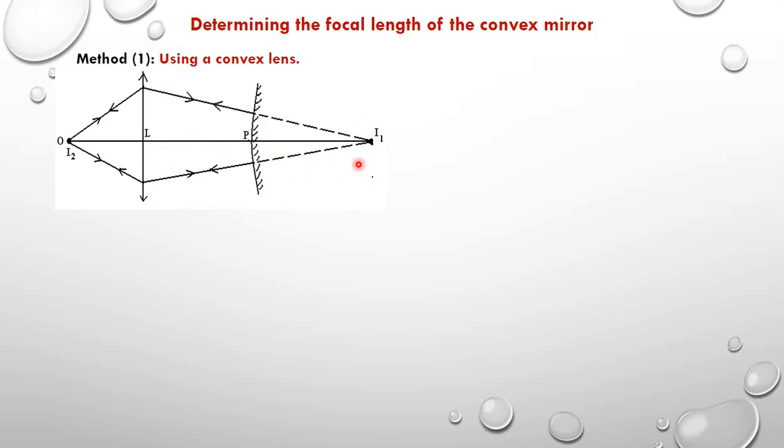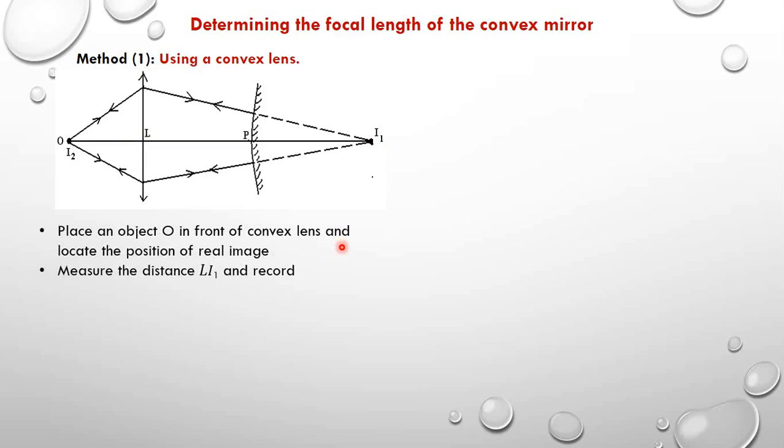We shall place our screen behind the lens and focus a sharp image of that object O on the screen, and record the distance between the screen and this lens, LI1. Then we are going to place the convex mirror between the lens and the screen.